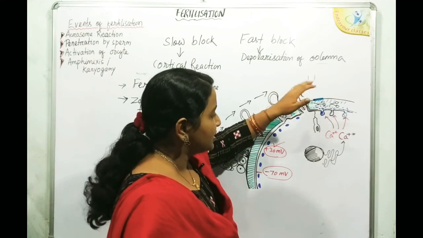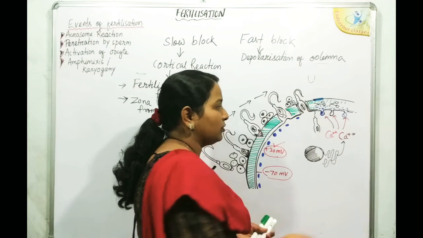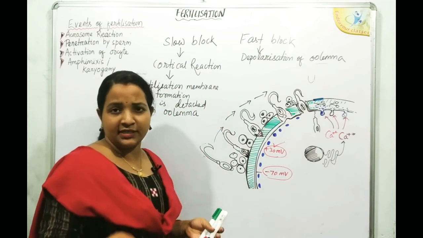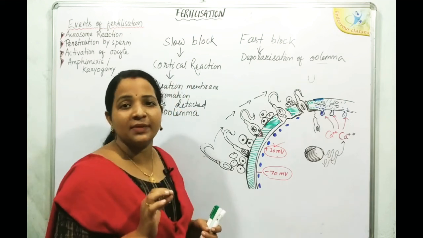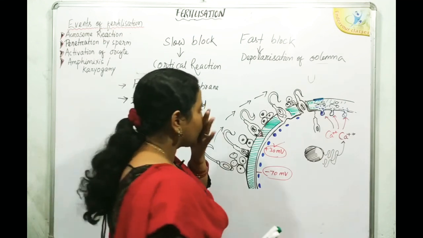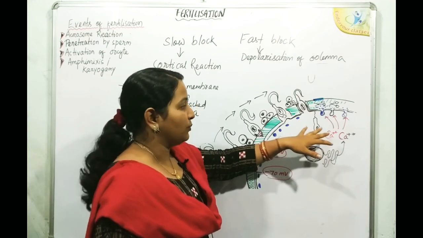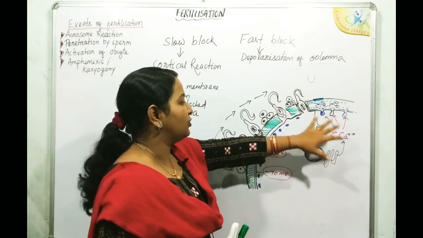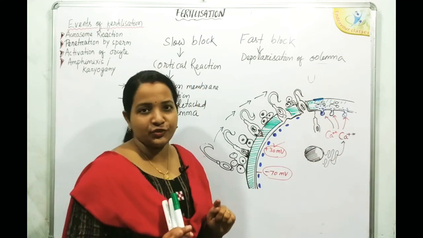The tail is destroyed. The mitochondria and all other organelles are destroyed except the nucleus and the proximal centriole. Remember, all the organelles of the sperm are destroyed inside the ooplasm except the nucleus and the proximal centriole.